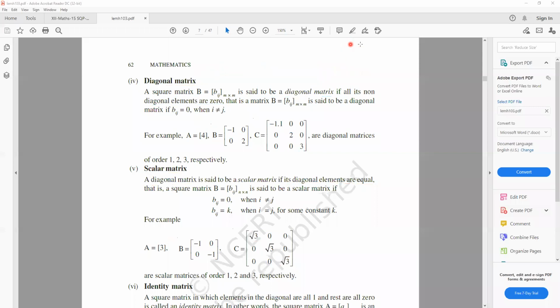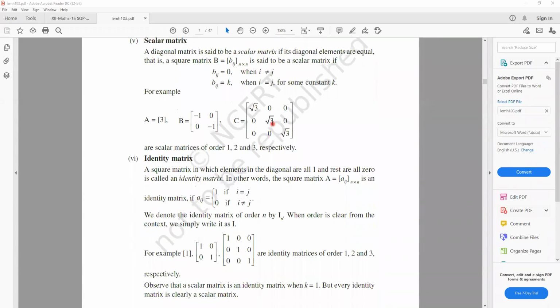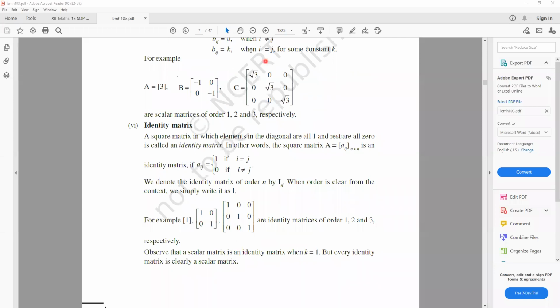Yes, yes. So now next type, that is known as identity matrix. आइडेंटिटी मैट्रिक्स, जैसे हम मल्टीप्लिकेशन में नंबर को, जैसे 5 इंटू 1 क्या मिलता था, 5. तो हम बोलते थे 1 is the identity element of multiplication. Correct. 5 plus 0 is equal to 5.